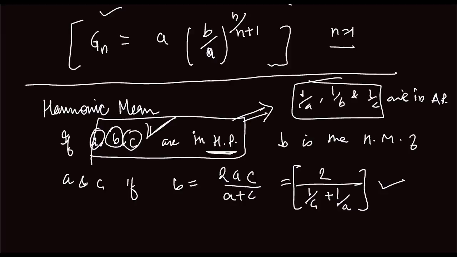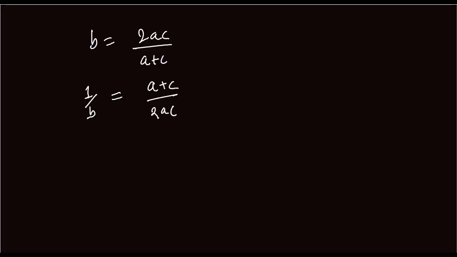Let me write it in another way. Let's say it is given to us that B is equal to 2AC by A plus C. So we write 1 by B, that is the reciprocal of the left hand side, as A plus C upon 2AC.